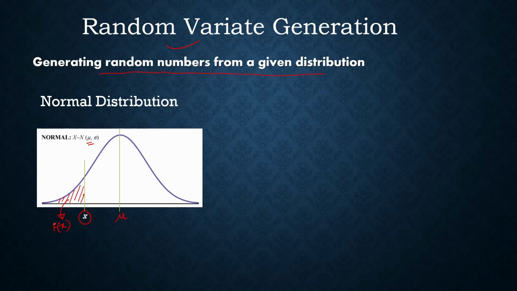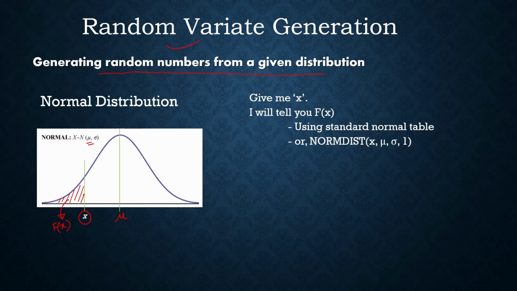Now, in statistics or managerial statistics, if you are given a particular value of x, then you can calculate the value of F(x). There are two methods. You can refer to the standard normal table, or you can use the formula NORM.DIST(x, mu, sigma, 1) in Excel, which will return the F(x) value. But in simulation, the situation is exactly opposite.